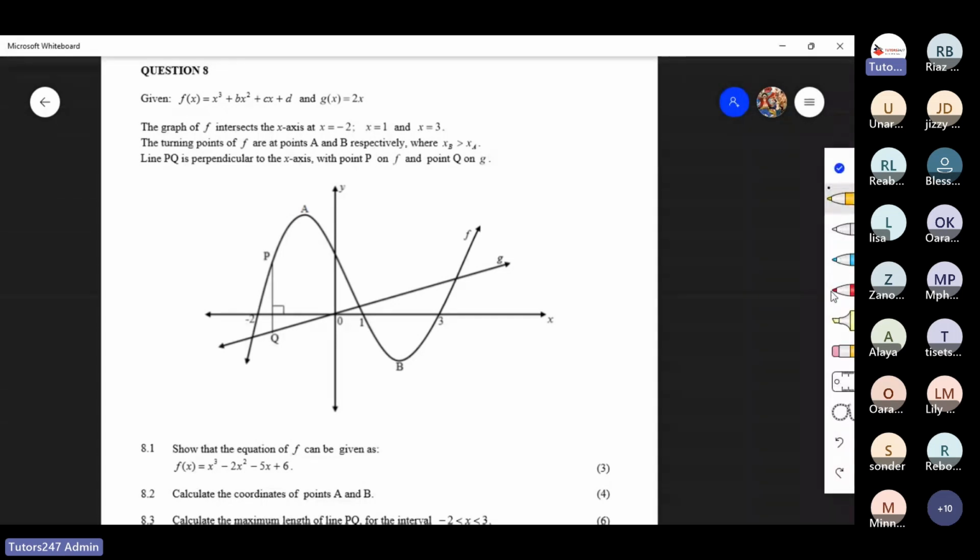For those of you that were in the last session of calculus, this is quite a similar question to what we previously did. If you remember in the previous question, we were also given the coefficient of x cubed and asked to find the remaining variables. So if you notice, the questions are quite similar.